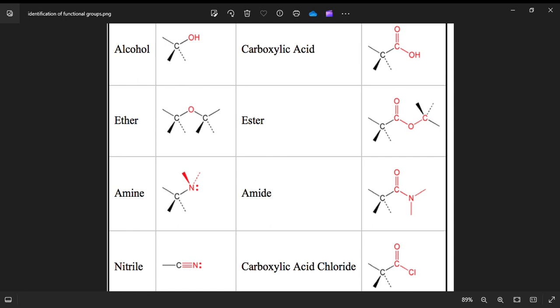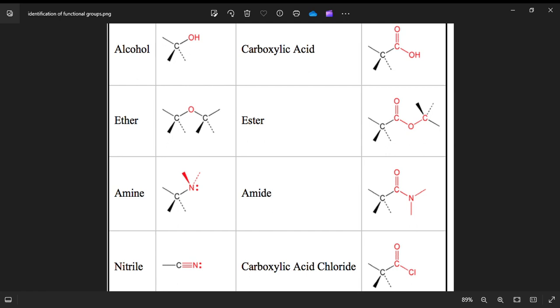So together you have COOH, that is carboxylic acid. But for alcohol, the OH will stand separately attached to the carbon group, whereas in the carboxylic acid, the COOH will stand separately attached to the carbon group.